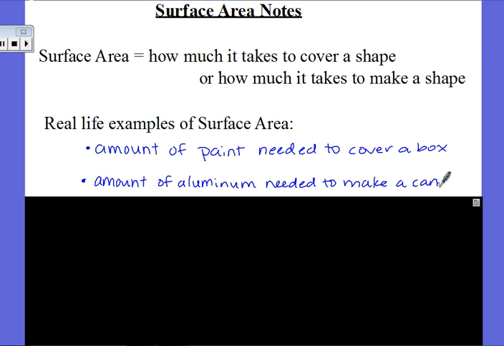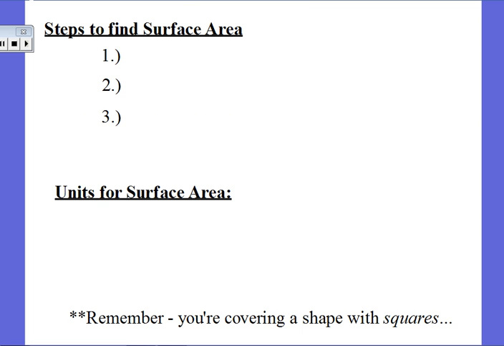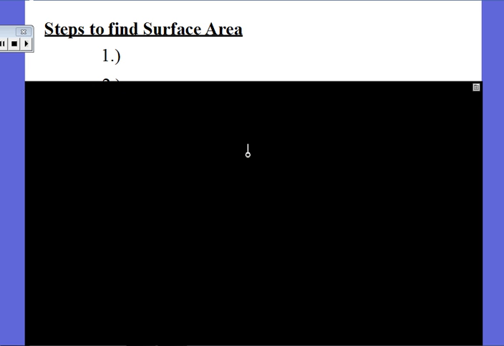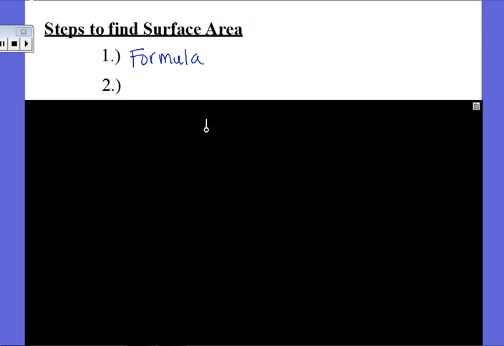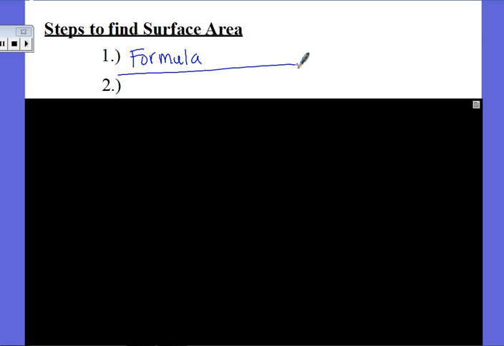The awesome thing is the steps for finding surface area are basically identical to the steps for volume. Again, the first step is copying your formula after you identify what shape you're dealing with. Remember last time we talked about the difference between prisms and pyramids, and that will help you. Remember, before we go to substitution, there is a step 1B or 1.5. That second step is calculating things like capital B or lowercase p.